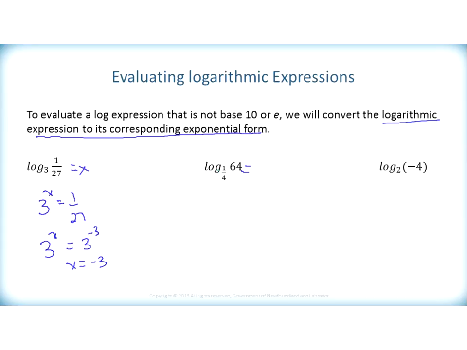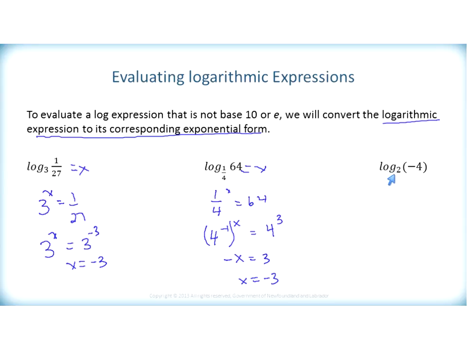So if we set it equal to x, that will give us 1/4 to the x would equal 64. And so now we would solve this exponential equation by setting both sides equal to the same base. This would be 4 to the negative 1 all to the x will equal 4 to the 3. And so negative x would equal 3. X equals negative 3.